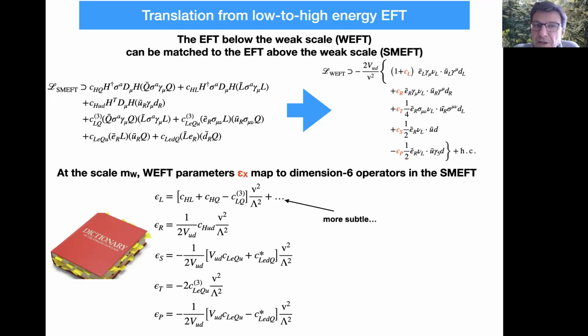For muon decay, it's not yet done, right? I think that the matching and running of the WEFT in SMEFT is known complete. The complete running is known at one loop, and there are even some results at 2 loops, and also the matching is known at 1 loop.